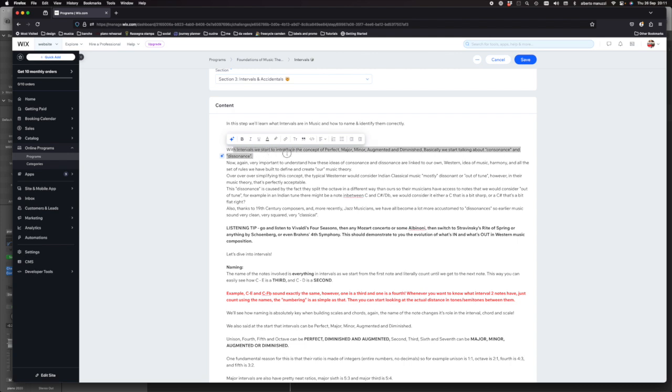So we start to introduce the concept of perfect intervals, and major, minor, augmented, and diminished intervals. The terminology refers to the fact that an interval can be more or less consonant, less pleasant, or more out of tune, dissonant, and so on.